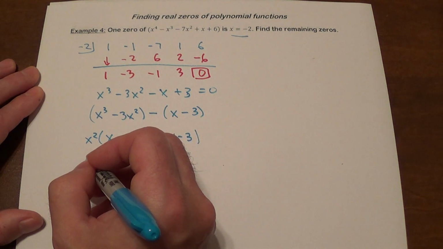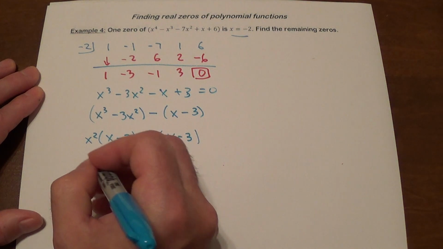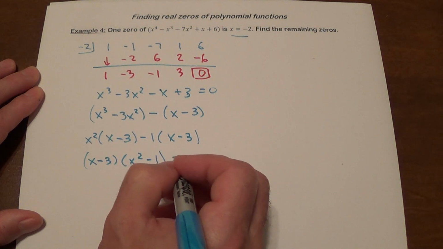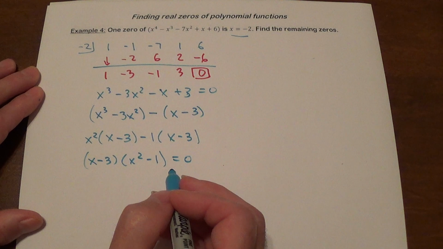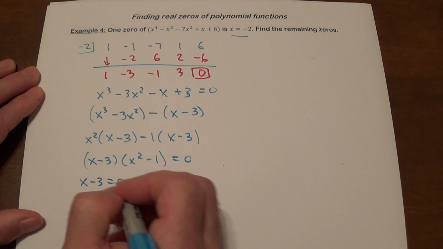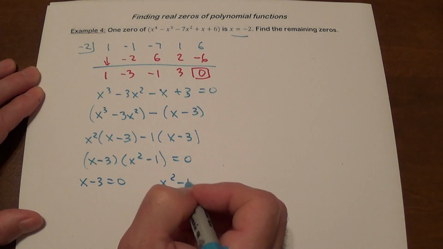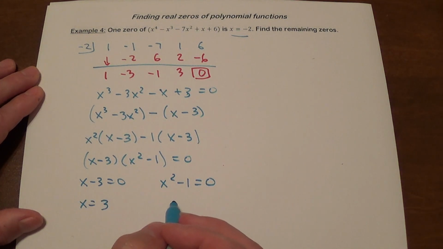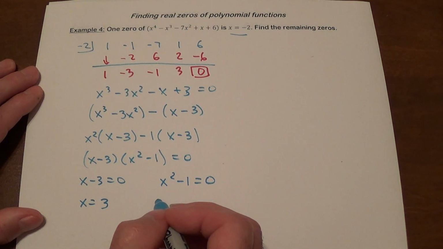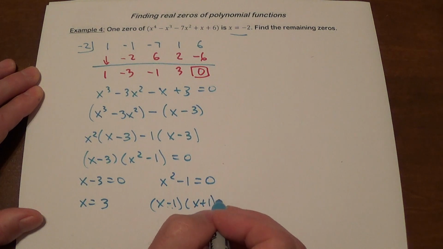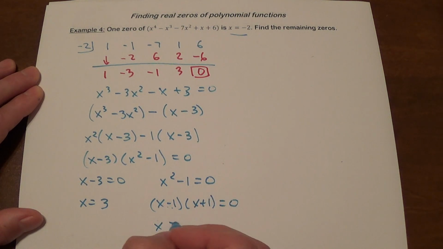So the factored form is x minus 3 times x squared minus 1, and we set it equal to 0. Now in this form we can continue. So x minus 3 equals 0, or x squared minus 1 equals 0. This one gives us 3. This here we can do by factoring. It's x minus 1 times x plus 1 equals 0, and that gives us 1 and negative 1.